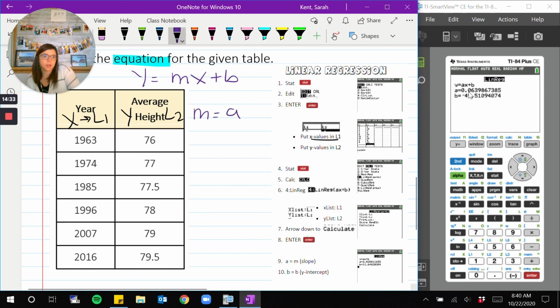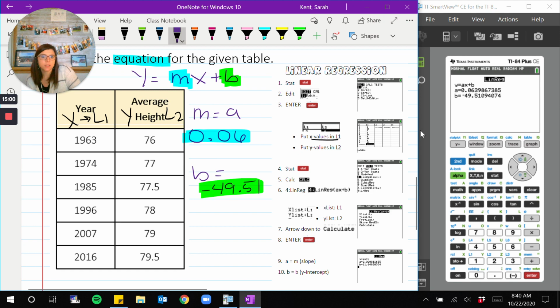Here I've got 0.06. And then for b, we've got negative 49.51. So for my slope, I'm going to plug in the top number. And for my y-intercept, I'm going to plug in the second number.